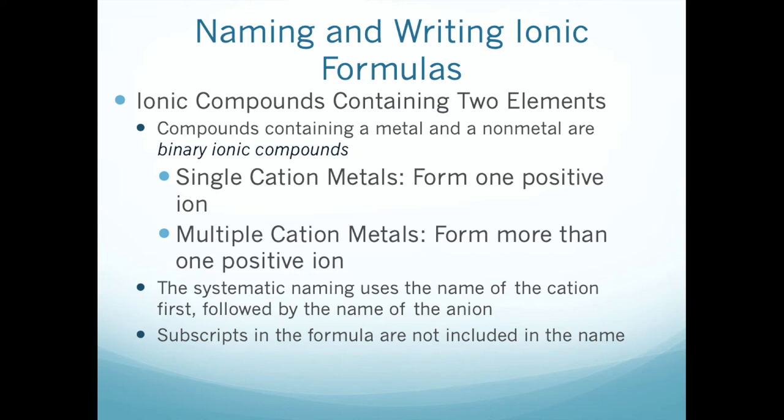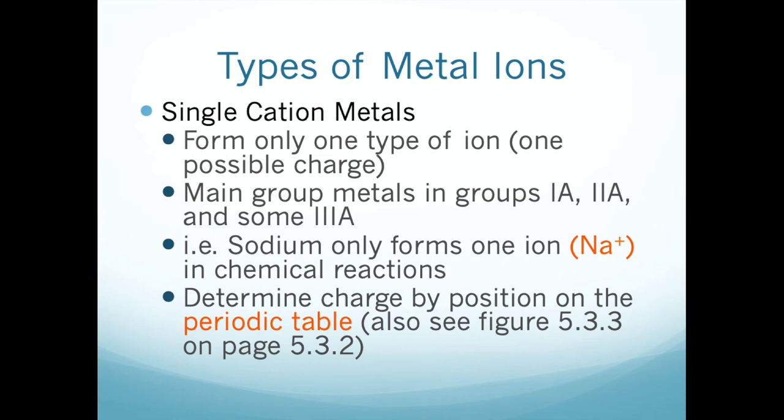So to get around this, we have a special system for naming these multiple cation metals. We call this the stock system, and I'll get into it in a couple of slides. But first, let's practice naming these single cation metals, the group 1 and group 2 metals, or aluminium, zinc, and silver compounds.